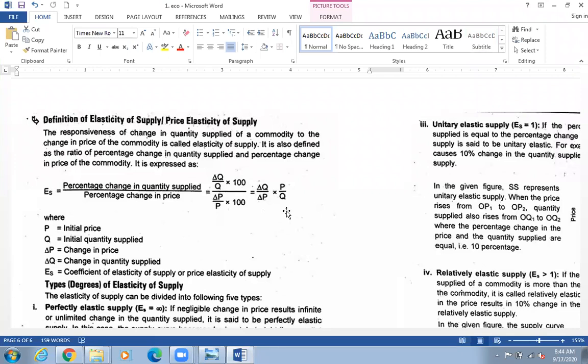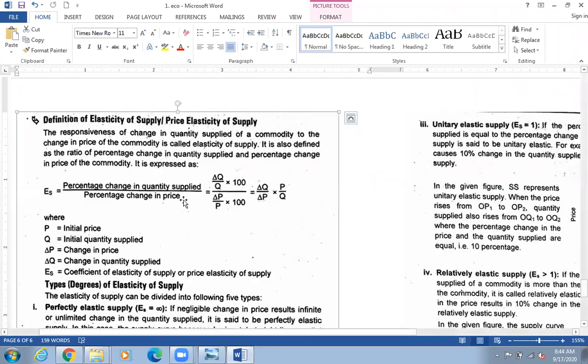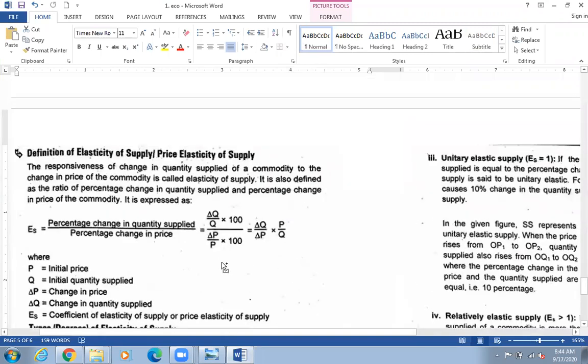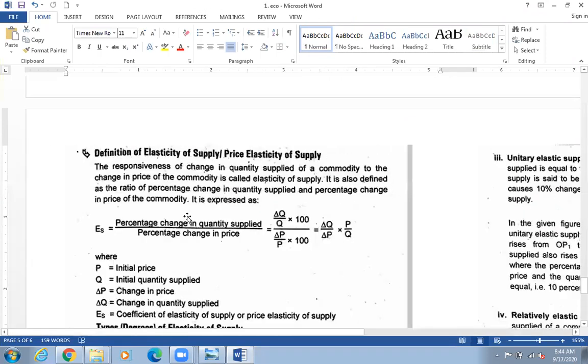If you compare the definition between the elasticity of demand and elasticity of supply, the definition is the same. What is only different over here? Instead of demand, supplied is written. That is the only difference in terms of definition. Before, it was demand. In elasticity of demand we wrote demand, and in elasticity of supply we write supply. Finished. This is the definition.